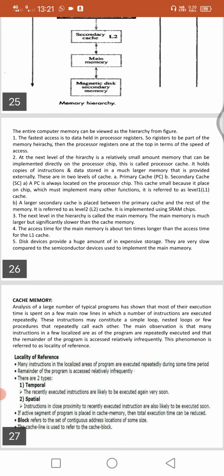This cache is small because it is placed on the chip, which must implement many other functions. That is why it is referred to as level 1. Since the primary cache is located on the processor chip, accessing it becomes very easy. Compared to accessing data from main memory or secondary memory, accessing data from cache is very fast.